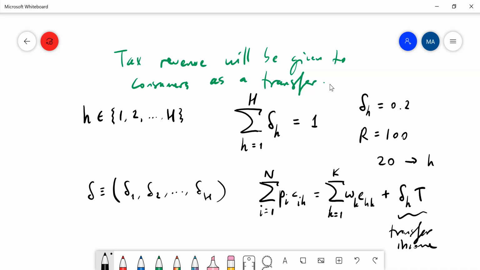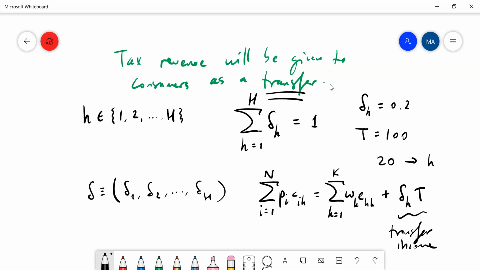We're going to use T for the transfer, okay? And then the household budget will be looking like this. Why? Because now the government is simultaneously taxing the firms and using this tax revenue as transfer income for households.